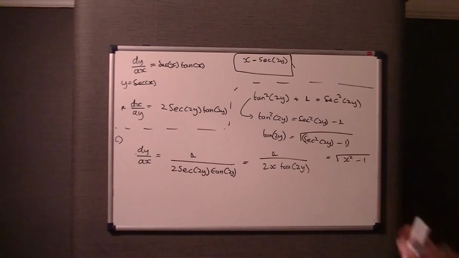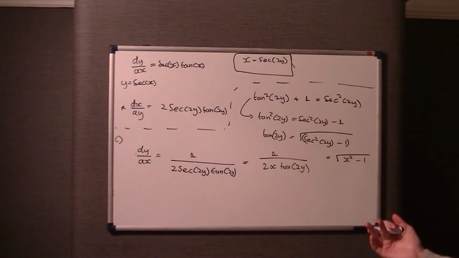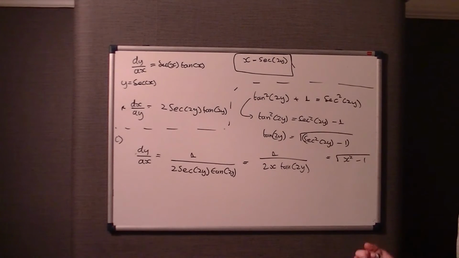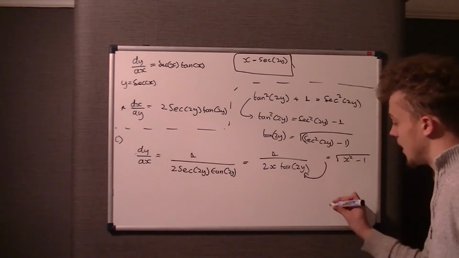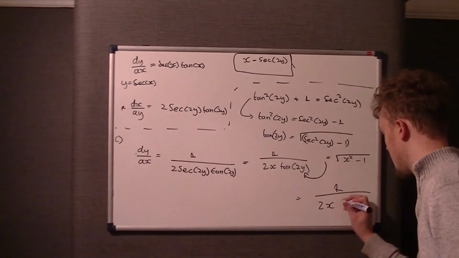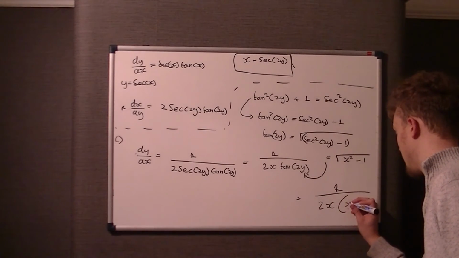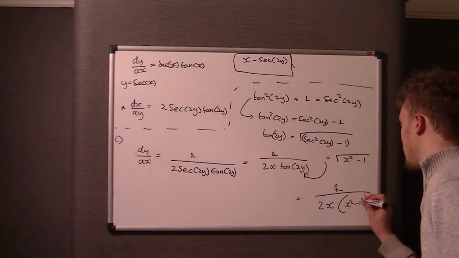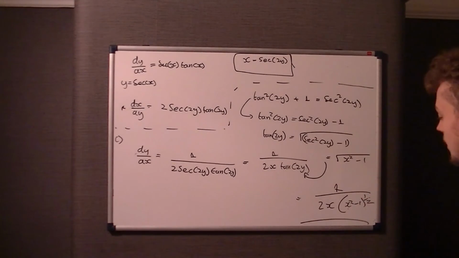Now there's no point square rooting the x squared and square rooting the minus 1, because remember that's like saying, okay, well the square root of 8 squared plus 7 squared is the same as the square root of 8 squared plus the square root of 7 squared, which quite clearly isn't. So that's why you can't break it up. Okay, so we know that is equal to tan 2y, so you sub it in to your given equation. So therefore the end answer is 1 over 2x times the square root of x squared take 1, all to the power of a half. Okay?